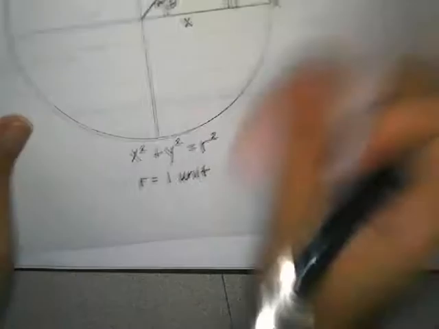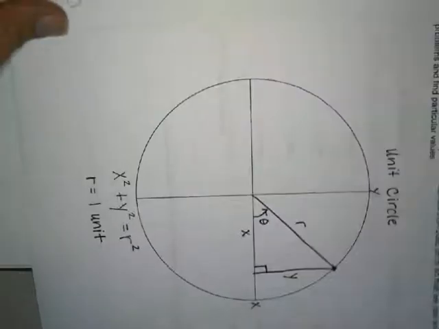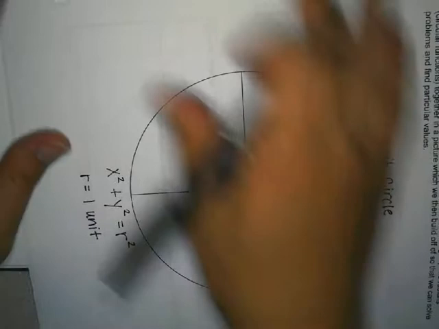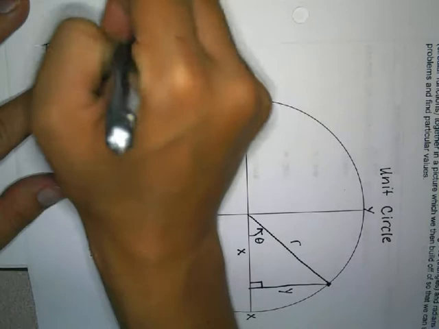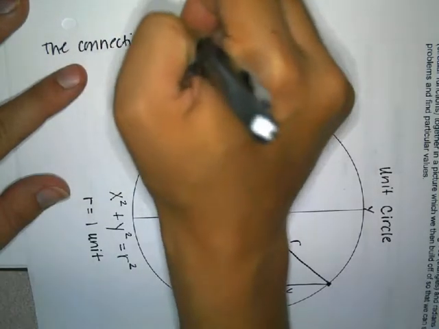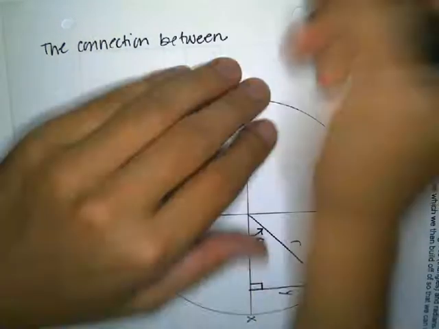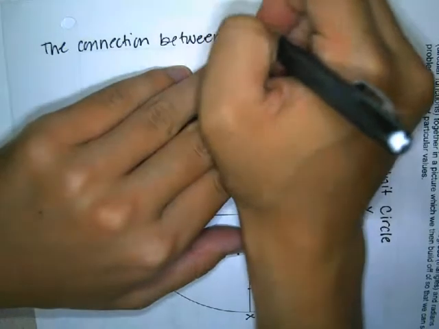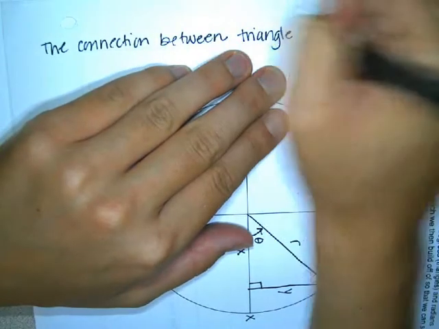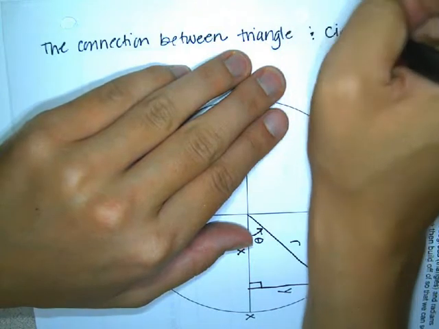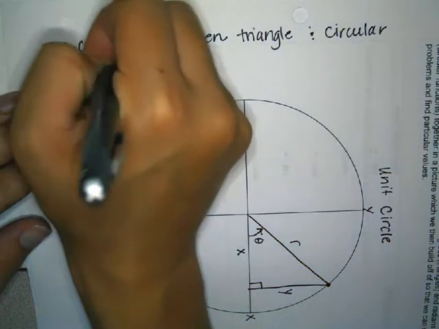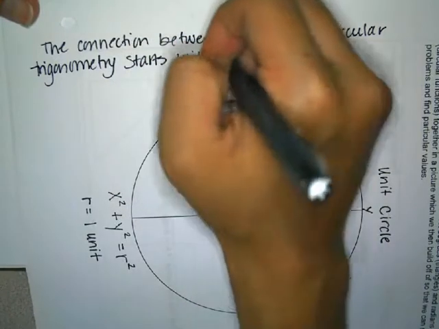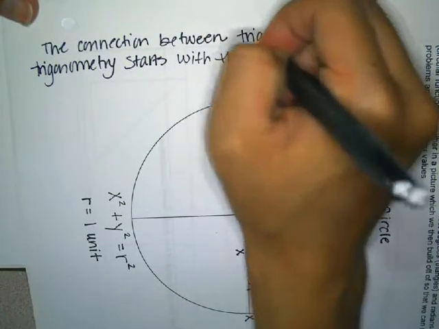Okay. I think I'm going to have you flip this, and we'll just kind of write this way. Right. The connection between triangle and circular trigonometry starts with this picture.